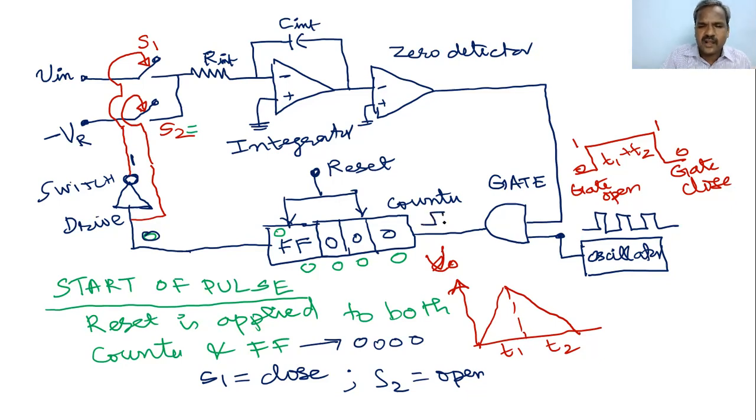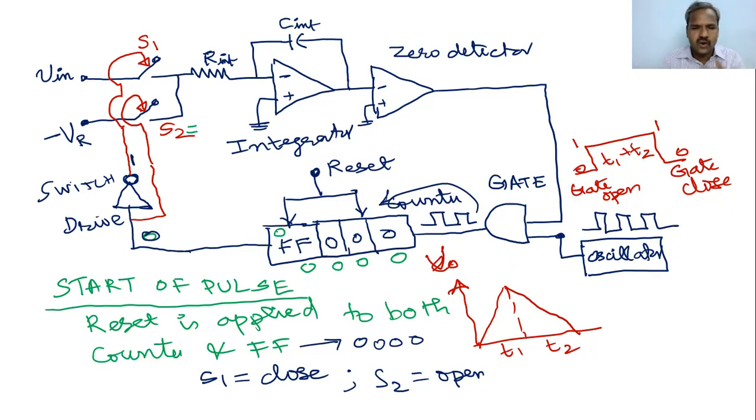So the counter starts counting. Understand or not? So when the ramp voltage starts, the comparator goes to state 1. So the gate opens and the clock pulse drives the counter.